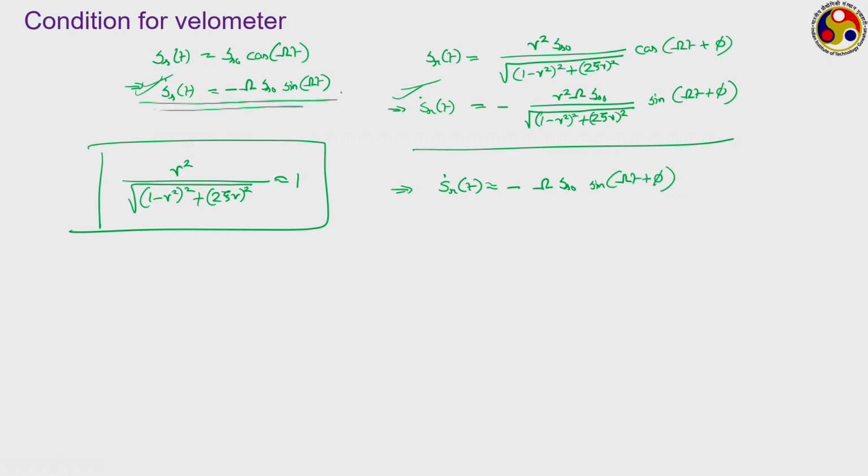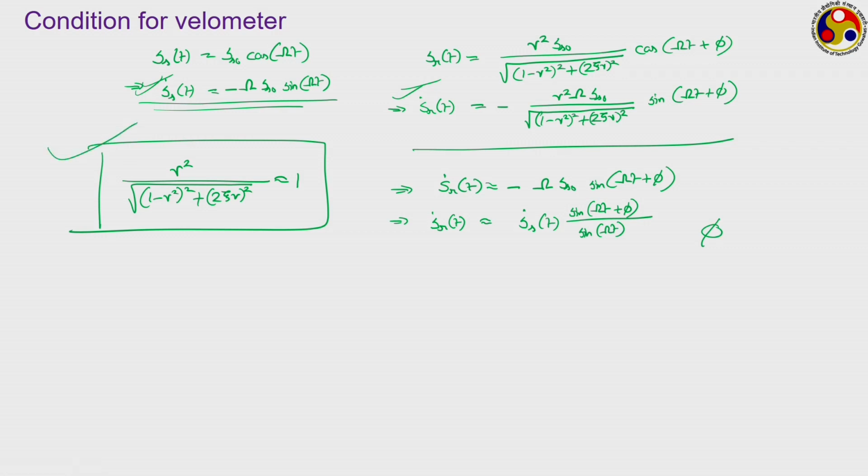If you compare with this particular form, then we can say this resultant velocity will be able to follow the imposed velocity with a phase lag, again the same phase lag phi that we are talking about. So, this is the condition that we got earlier for the vibrometer.